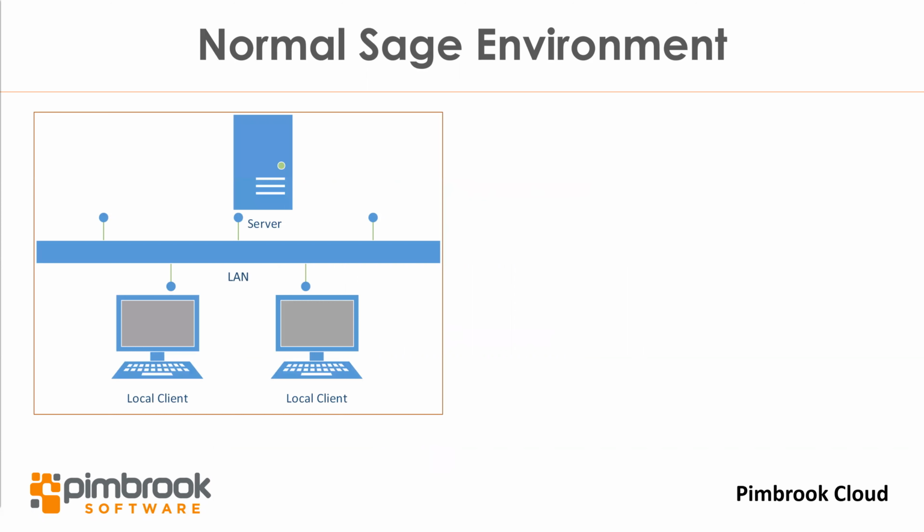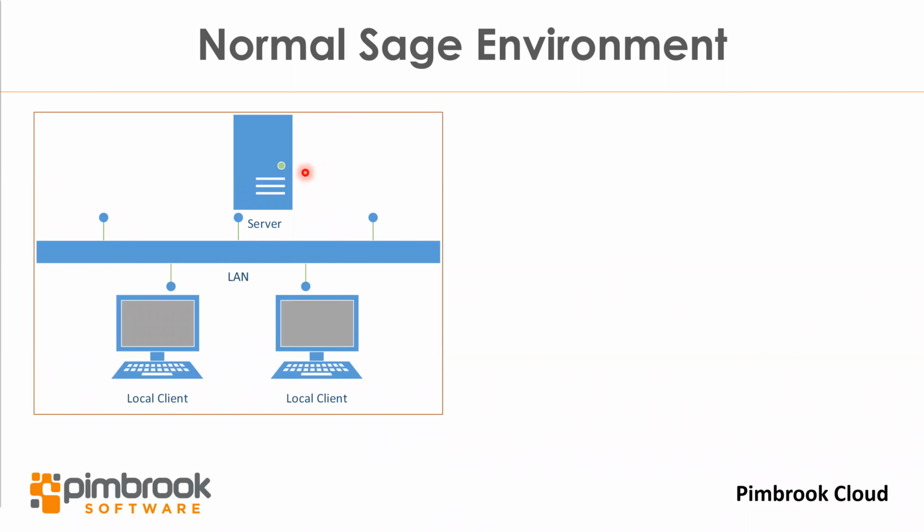Okay, so a typical Sage environment that you probably will all be familiar with. Taking Sage 50 as an example, Sage will be installed on a hardware infrastructure which is typically supplied by the client, normally through their IT. This hardware will require an operating platform, so you'll have to get Microsoft Windows licenses, for example, and then Sage is installed on that hardware.